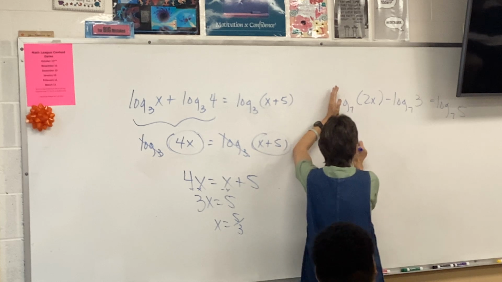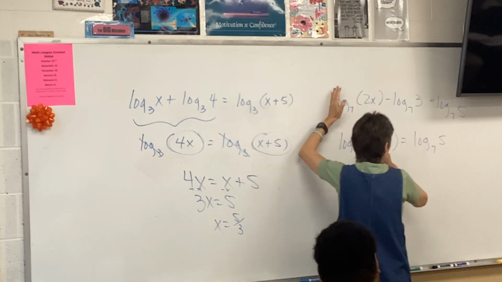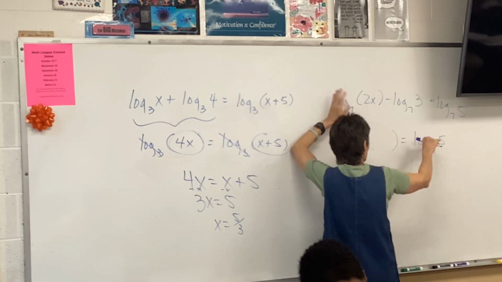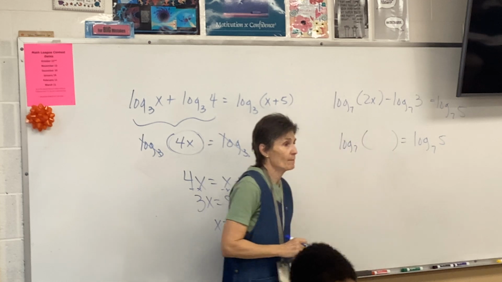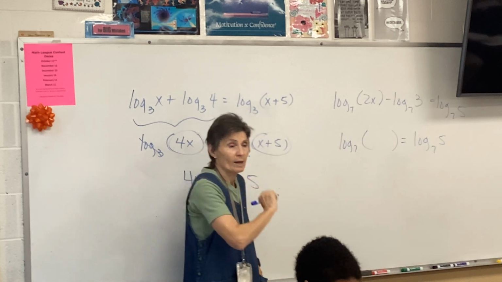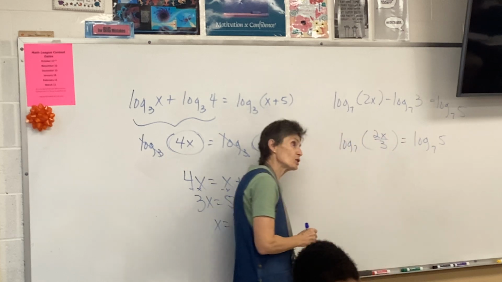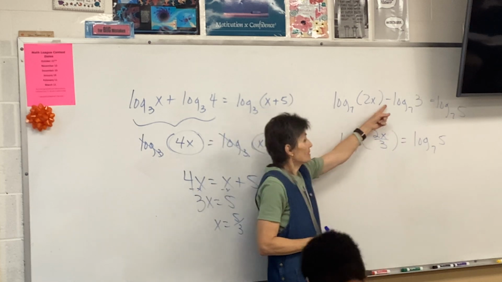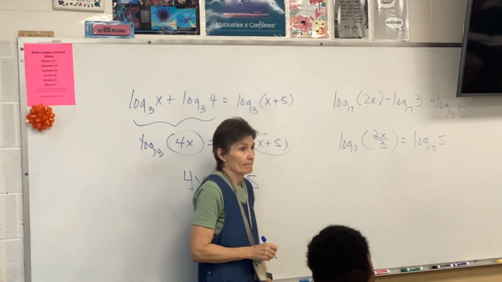So it's going to be log base 7 of something equals log base 7 of 5. That one's okay. There's only one of them. It's fine. These two have to be put together. What's going to go in that parentheses? 2x over 3. Very good, Cam. Why did he do a division this time? Because that's a subtraction.